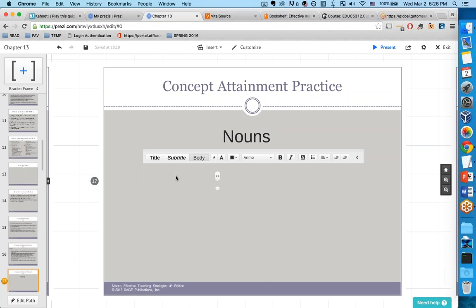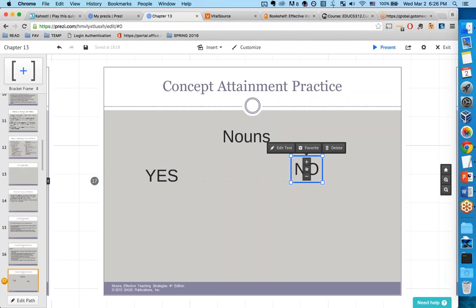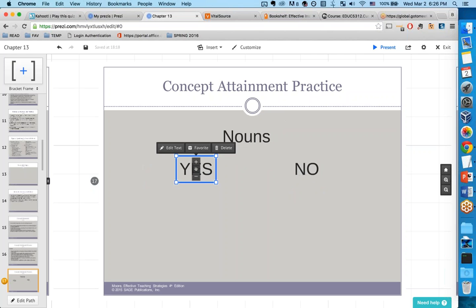So what I'm going to do as a teacher is have a yes group and a no group, and I will be verbally telling you a word. If this word is a noun, we would place it under yes. If it is not a noun, we would place it under no.